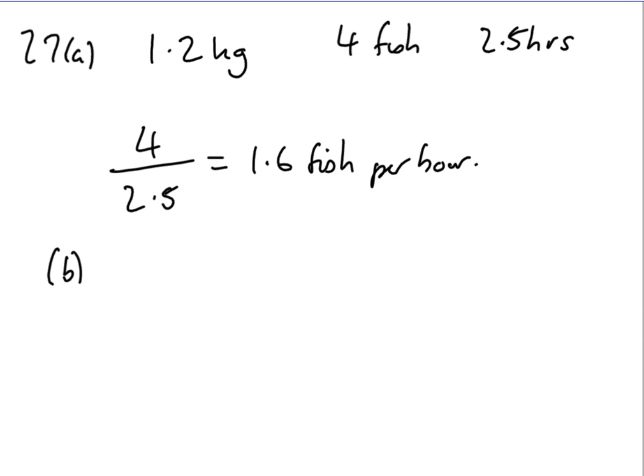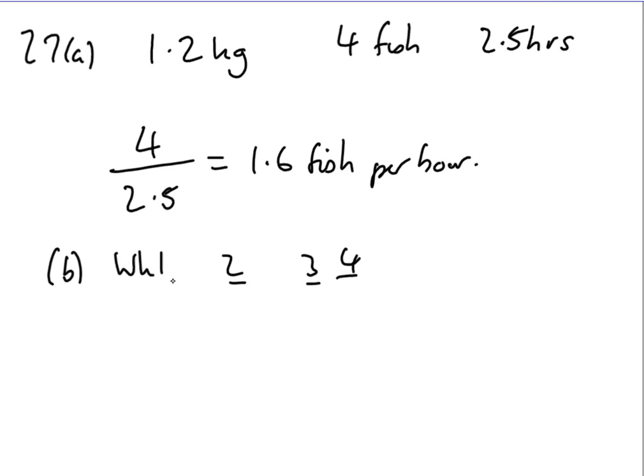And part B, Mark says one of the fish I caught weighed 5 kilograms. In which week did this happen? Give a reason for your answer. This is a really tough question because what you've got to do is work out the total weight of each week. So week 1, 2, 3 and 4.